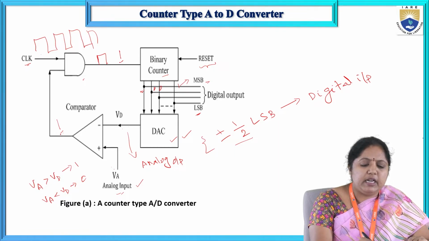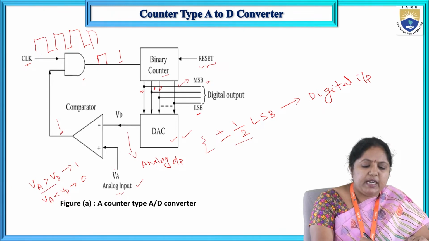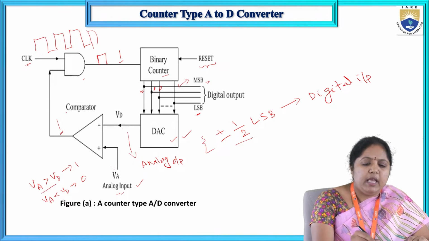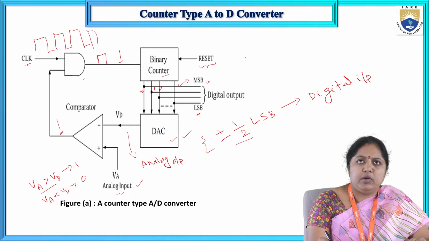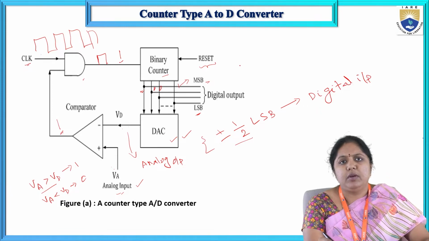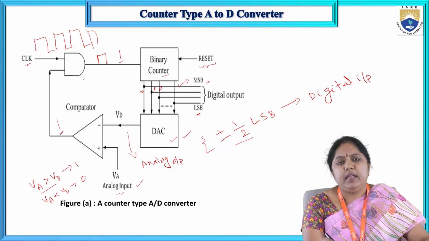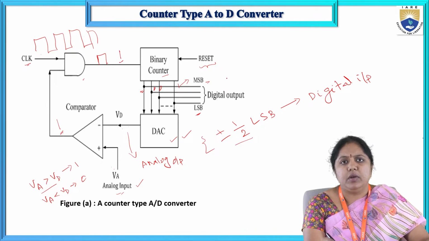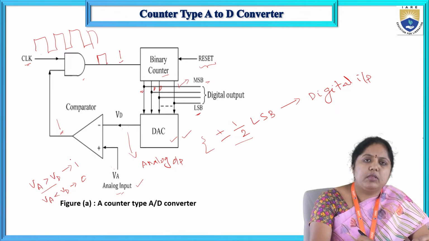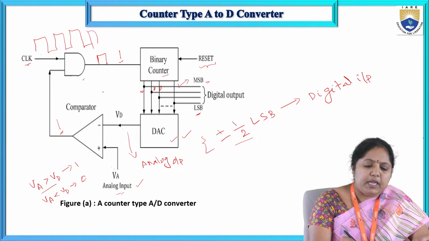Definitely VA is greater than VD, the comparator output is 1, and the AND gate output is 1. The binary counter takes the next clock and adds it to the previous count. It got the first clock, now it got the second clock, and it is counted. This process is continuously repeated.